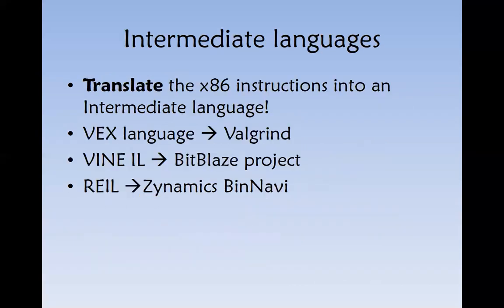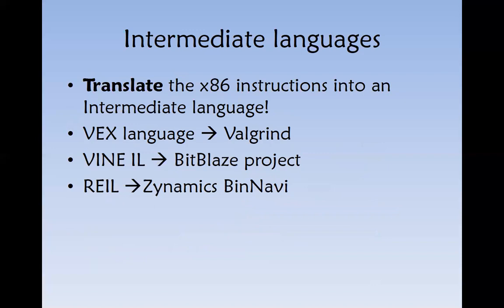So what has happened is that there are some groups that have done this painful heavy lifting and have come up with intermediate languages that take the x86 instruction set and translate it into an intermediate language that encodes the effects of both the explicit as well as the implicit arguments.